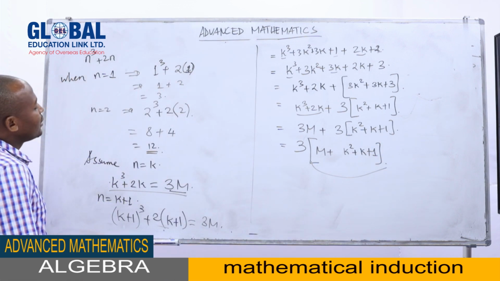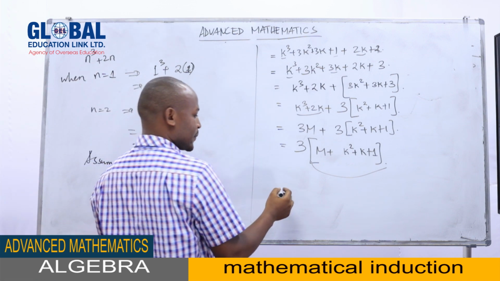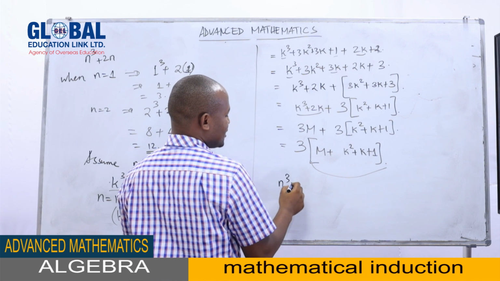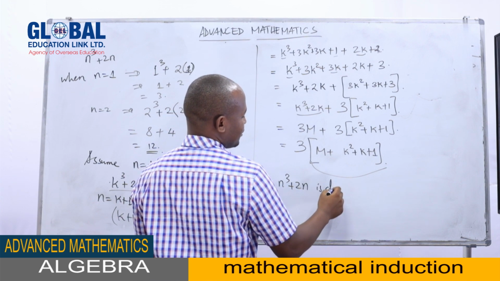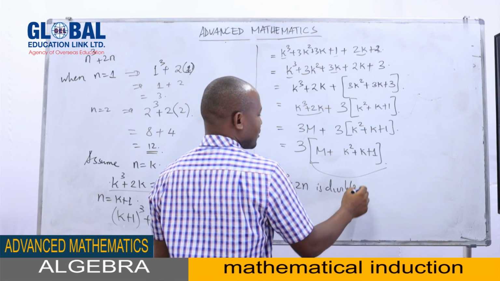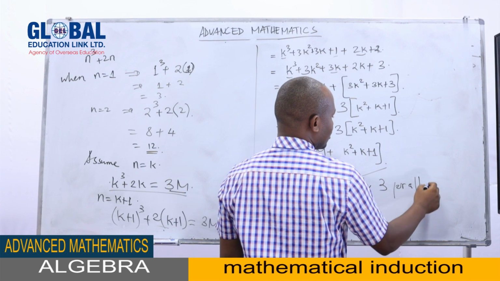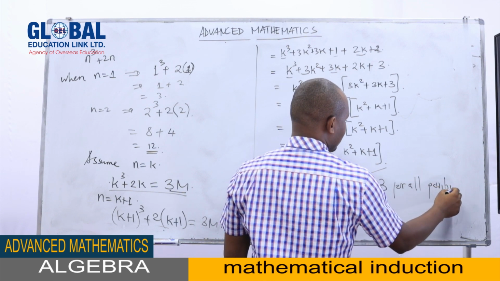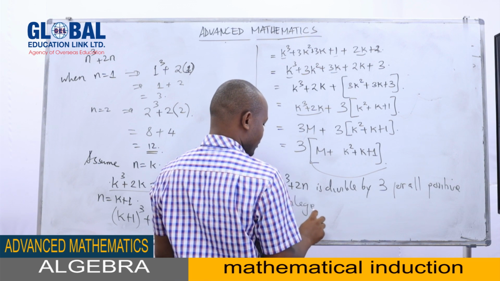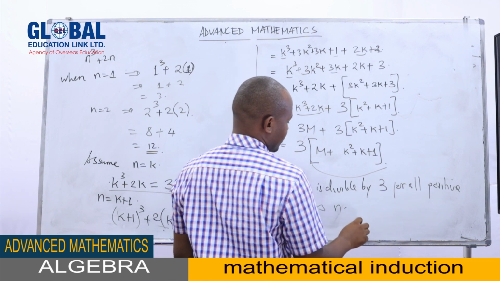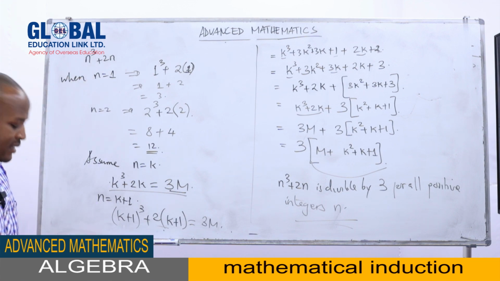That means by the principles of mathematical induction, we have shown that n raised to 3 plus 2n is divisible by 3 for all positive integers n.